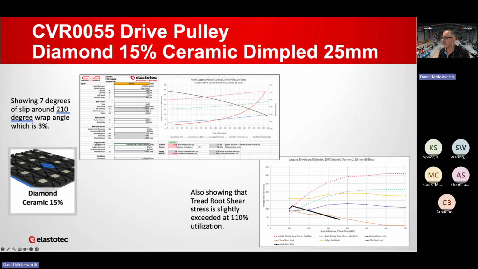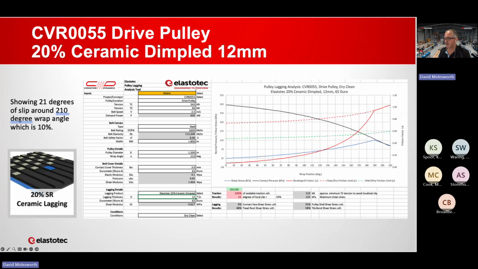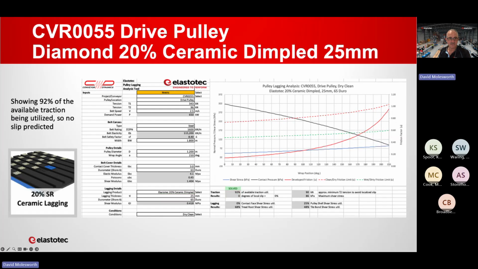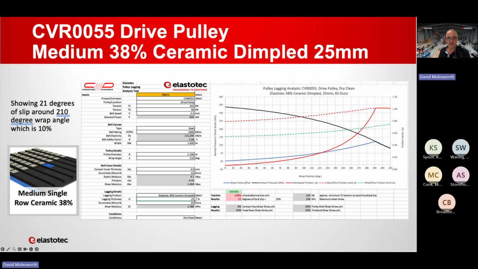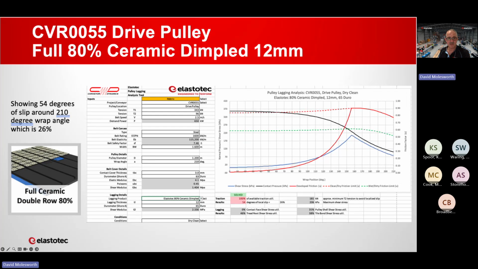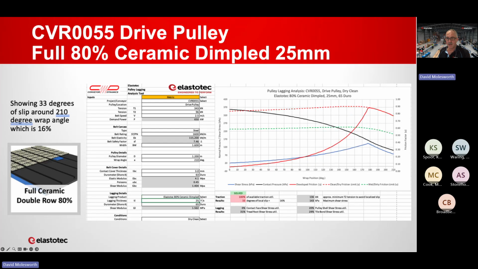Then 25 mil, that just reduces the amount of slip because it's a more flexible lagging. 20% ceramic, 12 mil, and then 25 mil. 38% ceramic in 12 mil and 25 mil. And then the last one is the 80% ceramic in 12 mil and 25 mil.